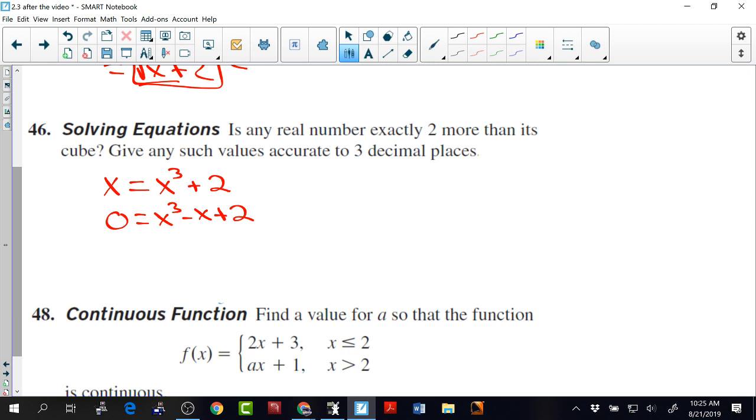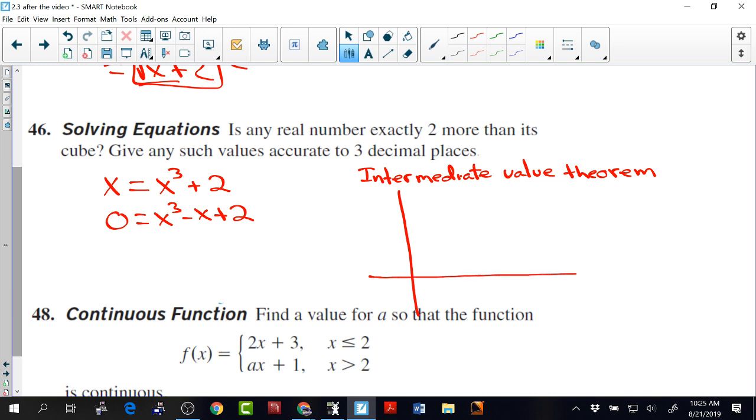Let's talk about the intermediate value theorem. If we have a continuous function, and let's say, forget about this equation for a second.